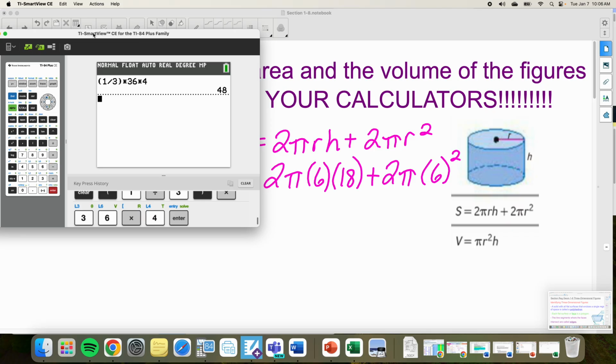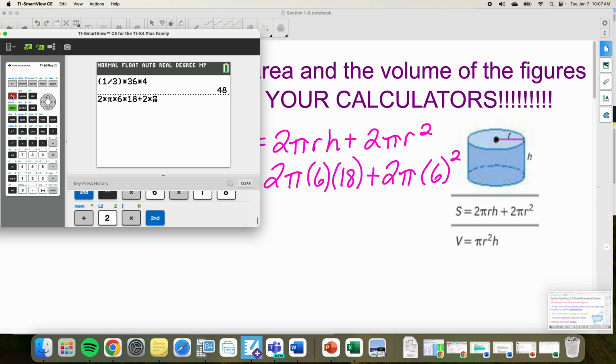So, here's what you're going to do. 2 times pi. Do you remember how we found pi before? On the smaller calculators, it's on the left-hand side, 4th down, I think, or 3rd. On the graphing calculator, you go second and then this up arrow to get pi, times 6 times 18 plus 2 times, and we need pi again.